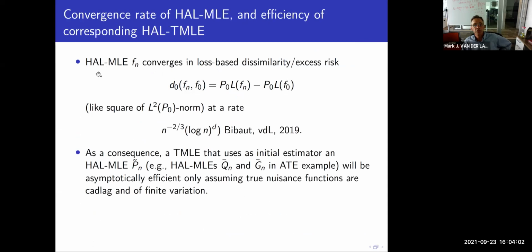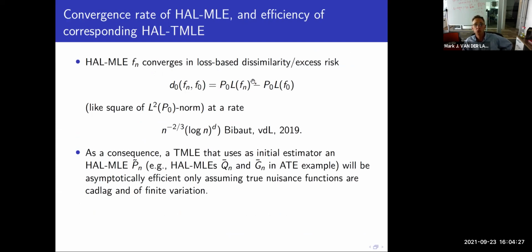So this estimator has great properties because you can show that if you look at the so-called loss-based dissimilarity, this is the risk, right? It's the best possible mean squared error, if you do squared error loss, you could have obtained with the true function. You compare it with what the estimator achieves. This difference is actually a real distance, a squared distance. It would be like the integral of fn minus f0 squared, averaged.